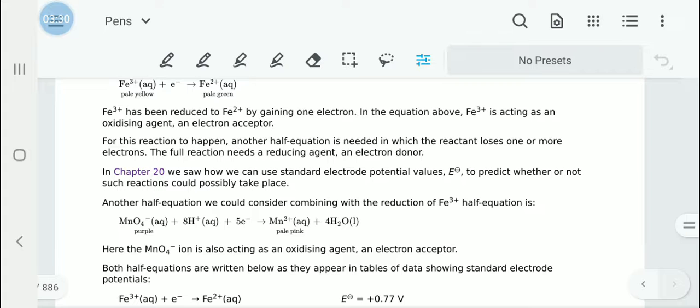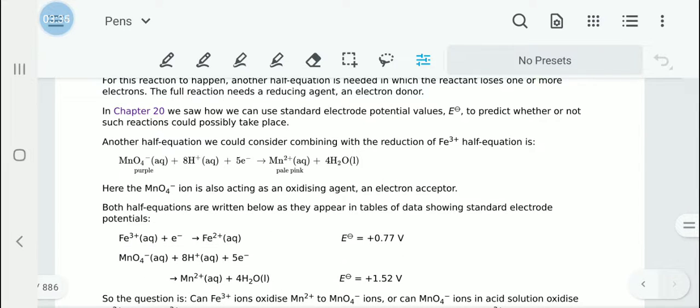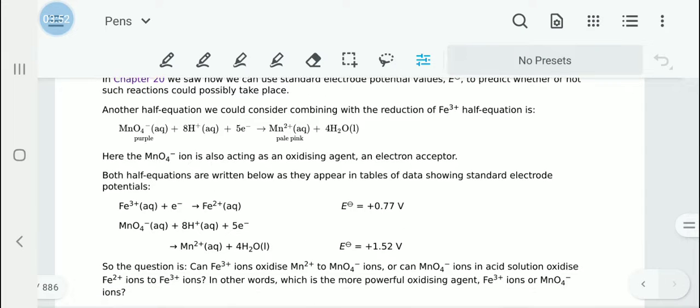Now when you take MnO4-, it is a purple colored solution. When it gains electrons in the presence of hydrogen ions, it turns into pale pink Mn2+ aqueous and water.